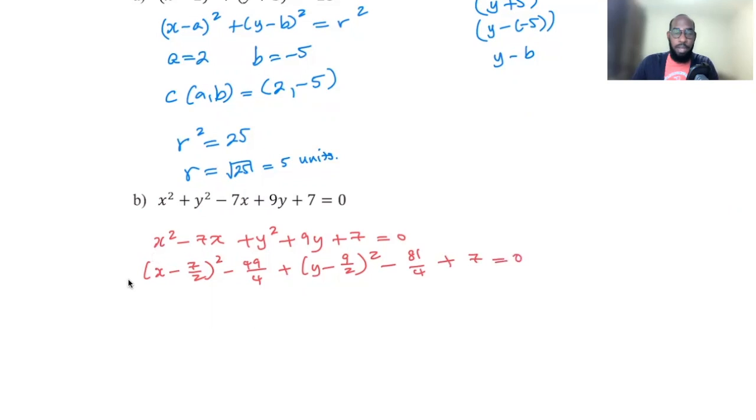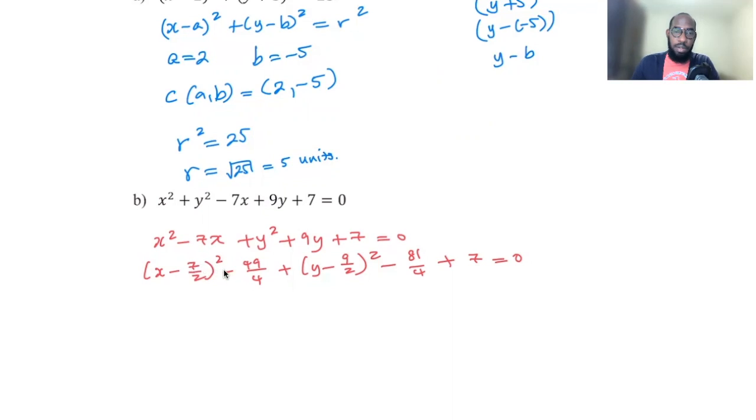So I apply completing the square to the x, I apply completing the square to the y, and then I add 7, that equals 0. Completing the square, once you have the coefficient of x squared equal to 1, you start putting it in form. We have open bracket x minus, you multiply the coefficient of x by a half, so negative 7 by a half is negative 7 over 2.